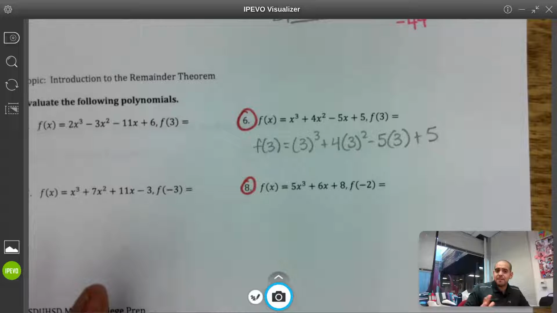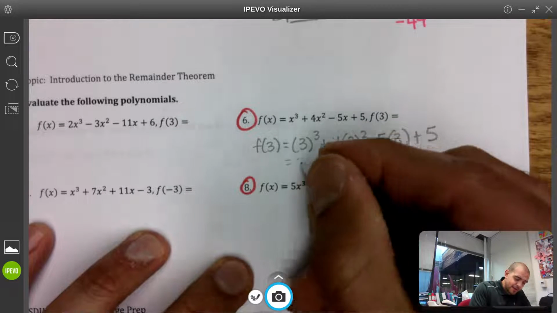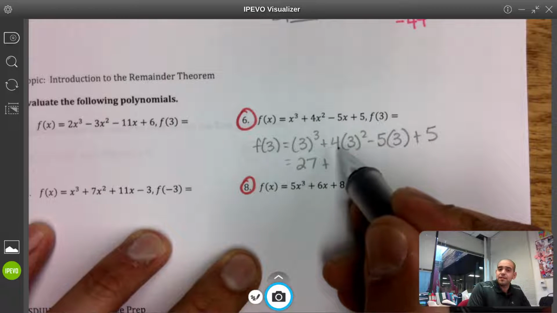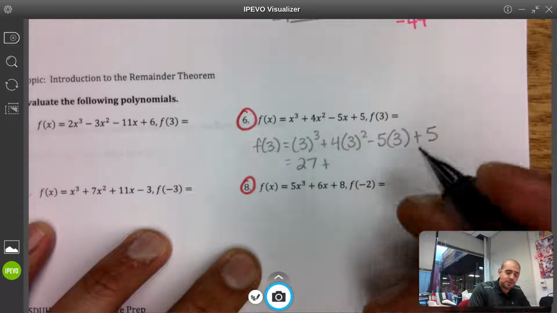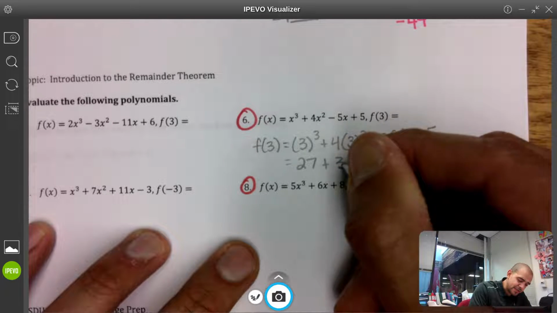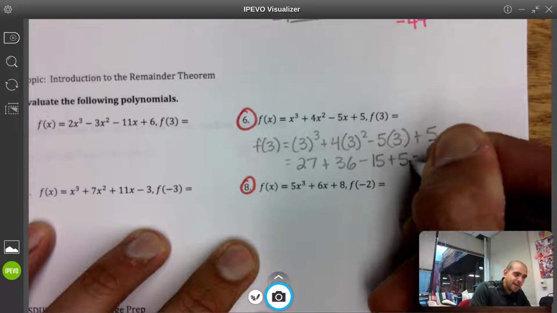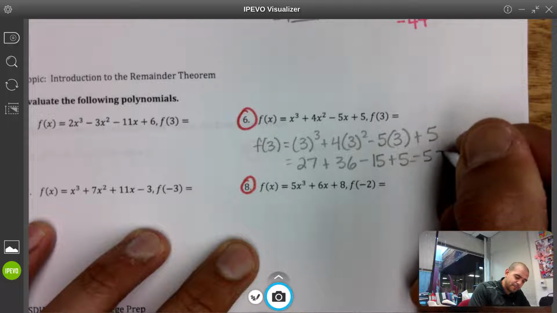And then we just have to be very careful with order of operations, especially here. So 3 to the third is 27. Now, do not do 4 times 3 because you take care of the exponent first. So 3 squared is 9 times 4 is 36 minus 15 plus 5. And that is equal to 53.